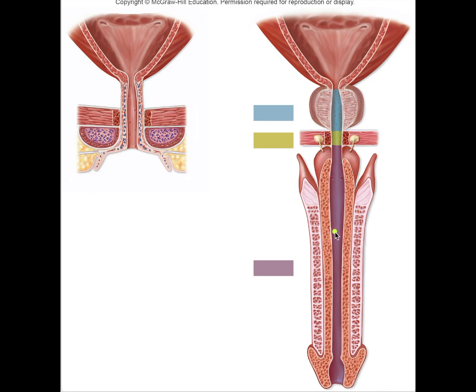And then this is the spongy urethra. This, from the yellow down, is the spongy urethra. And it's named that because it runs through the corpus spongiosum of the penis. So you can see little ducts here where the bulbourethral glands are going to send that pre-ejaculate to cleanse the urethra for the semen to come through.